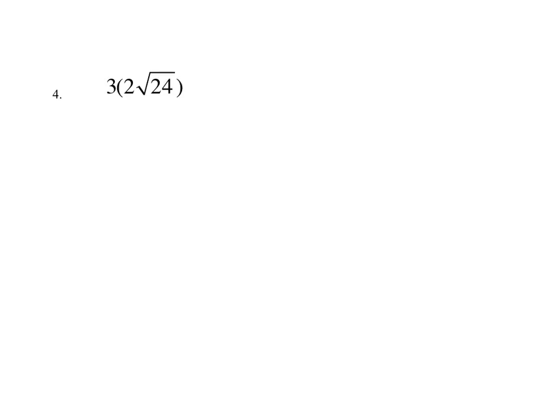Example 3, we've got 3 times 2 square root of 24. We begin by simplifying the radical if possible, square root of 24. It does have a perfect square, which is 4. So this will break down into the square root of 4 times the square root of 6. The square root of 4 is 2.